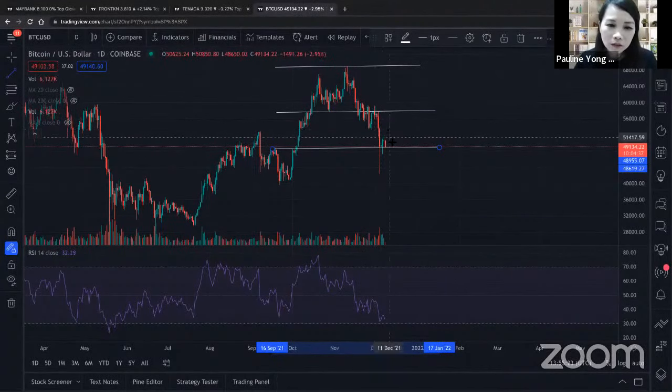For this particular drop, the US Federal said they want to taper the cryptocurrency. They didn't say how they're going to do that. They just say they're going to taper. So just the word tapering itself already makes the market participants nervous, and then they sell.